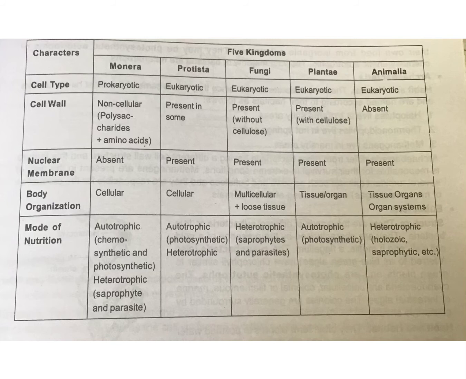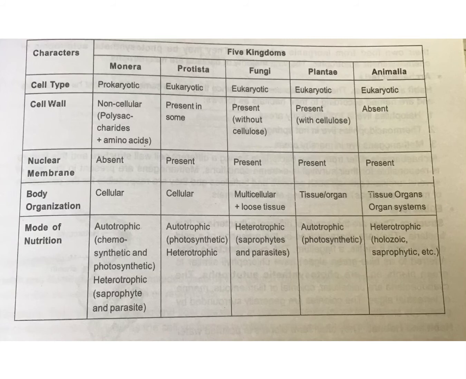Now from Protista onwards, Protista, Fungi, Plantae, Animalia, they are all included in eukaryotes. They have a well defined nucleus and well organized membranous organelles. So the cell wall is present in some of the organisms. Even the nuclear membrane is present from Protista to Animalia because they are included in eukaryotes.